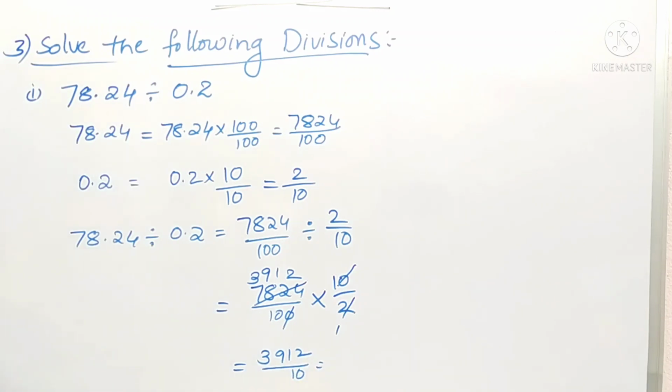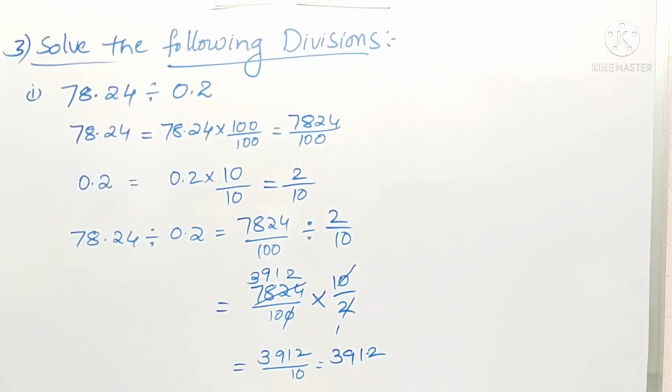Whenever you divide by 10, based on the number of zeros in the denominator, the decimal point comes from the right side. So 3912, from the right side we have to put the decimal point because 1 zero is there.